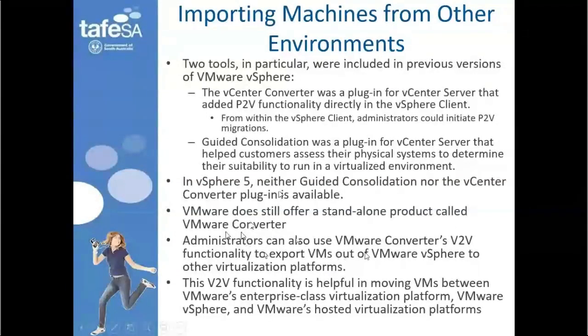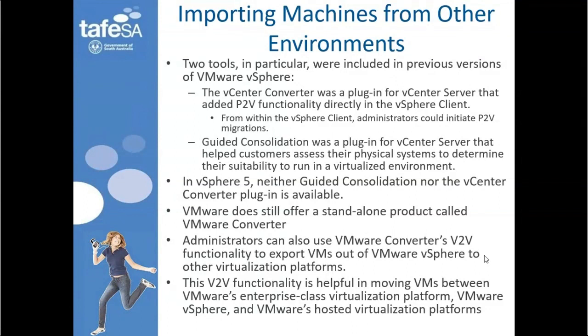Administrators can use VMware Converter's V2V functionality, virtual to virtual, to export VMs out of VMware vSphere to other virtualization formats. So basically, what if we want to go to Hyper-V? What if our solution in our assignment 2 was to choose Hyper-V, but we've got VMware vSphere virtual machines now?